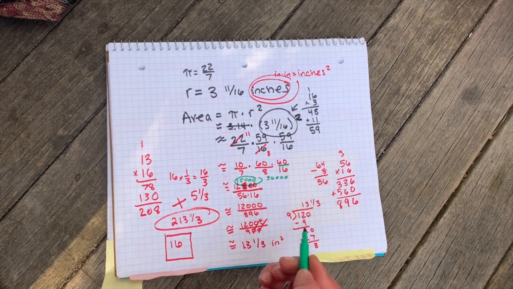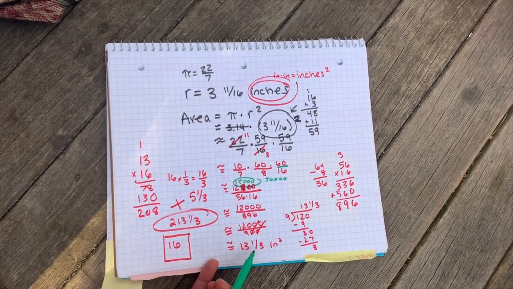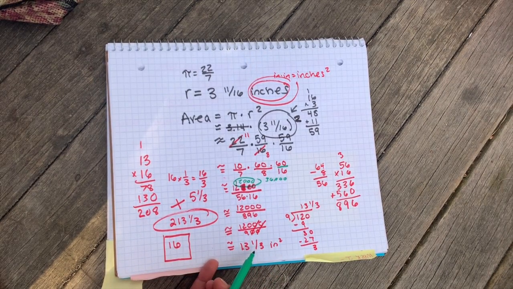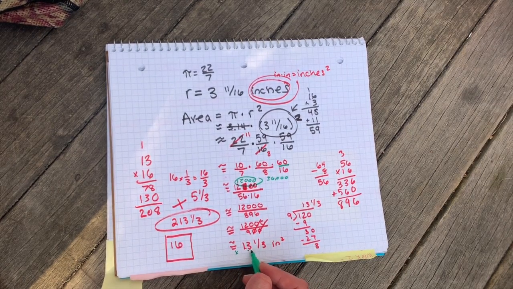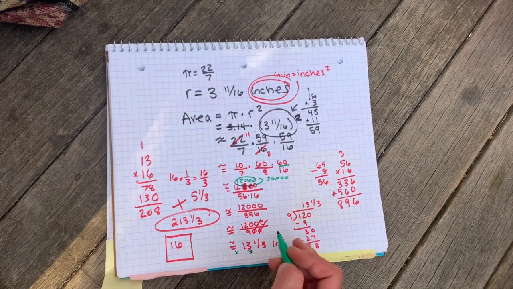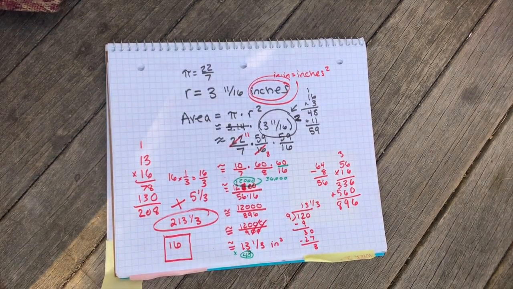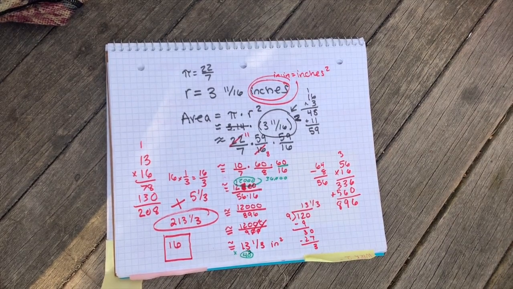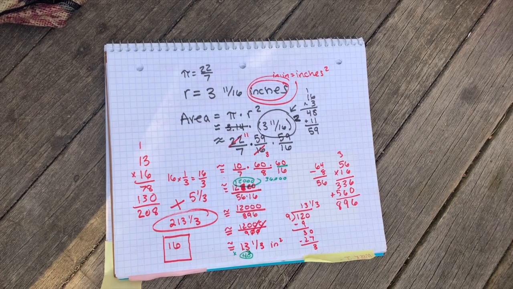So my answer is 3 times smaller than it has to be. So my answer here should have been times 3, which will turn out to be 40, which is what we were looking for. Because then 40 times 16 is much closer to 700 than 13 1/3 times 16.